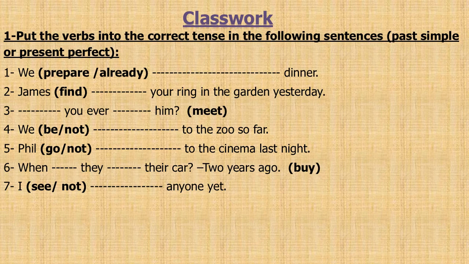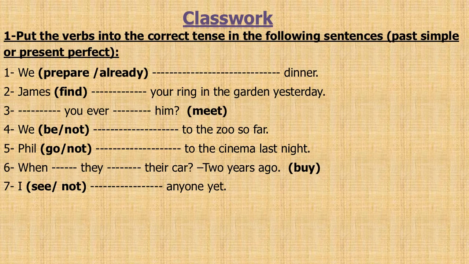Number 2, James find your ring in the garden yesterday. The word yesterday is a key word for the past simple, so here the answer will be James found. Number 3, form a question, yes, no question.